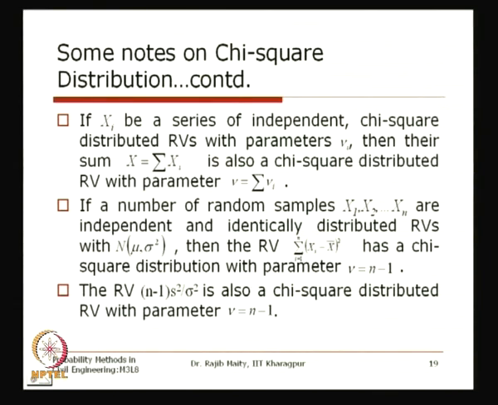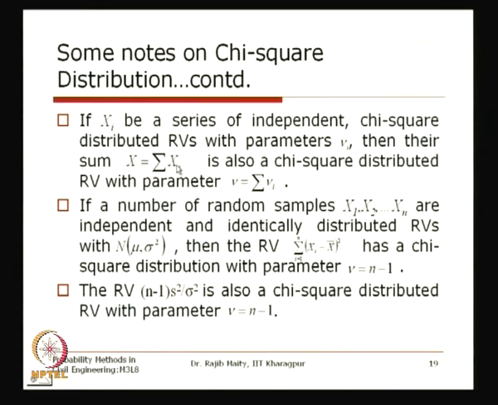Now, if xi is a series of independent chi-square distributed random variables with parameter nu i, that is for x1 the degrees of freedom parameter is nu 1, for x2 the parameter is nu 2, and so on, then if I take the sum of all those xi's, from 1 to n, we get a new random variable x, which is a simple arithmetic summation of them.